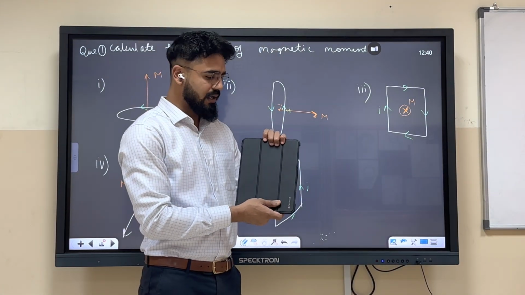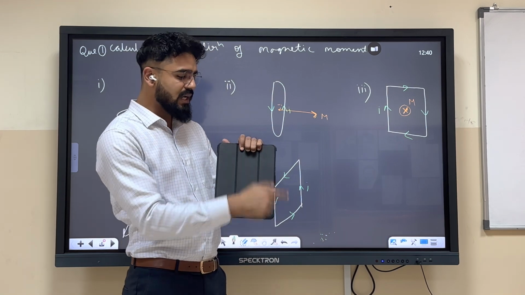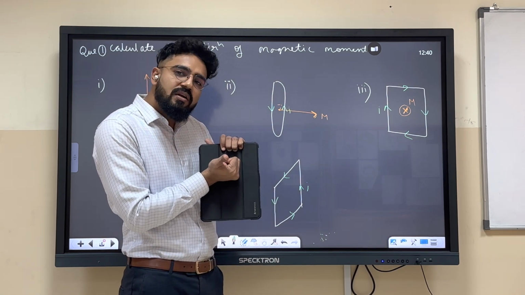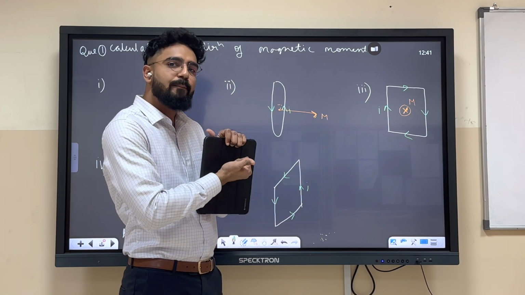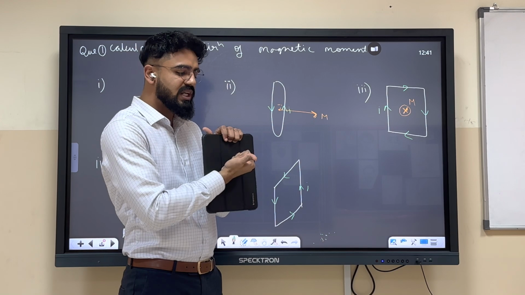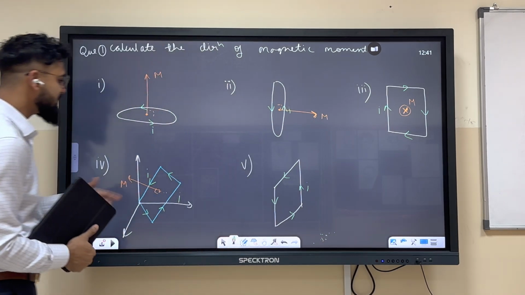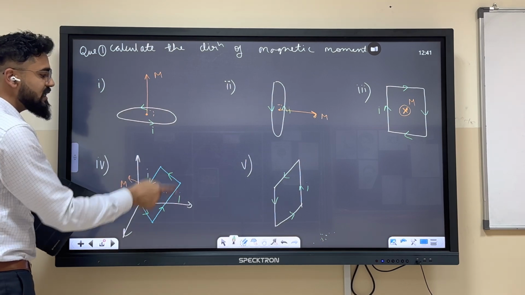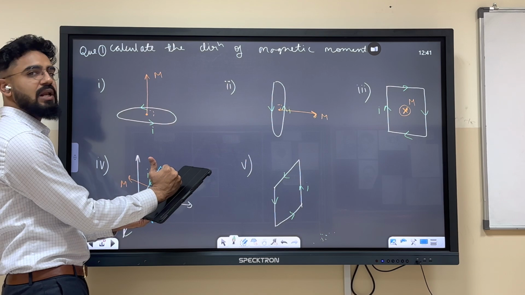If this is your book, tilt it like this. If the current was flowing like this, the magnetic moment direction was like this. Now if you rotate a bit, its direction is this. I hope you are able to visualize. In this case, when the current was flowing like this, this thing is placed like this, so it will be like this.